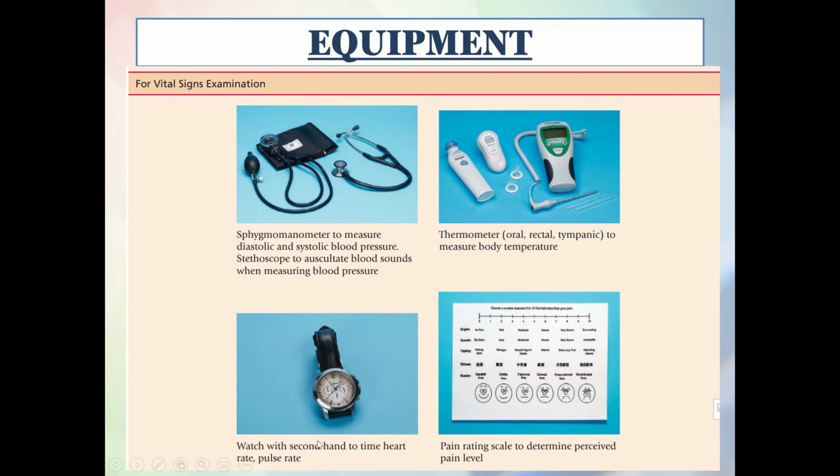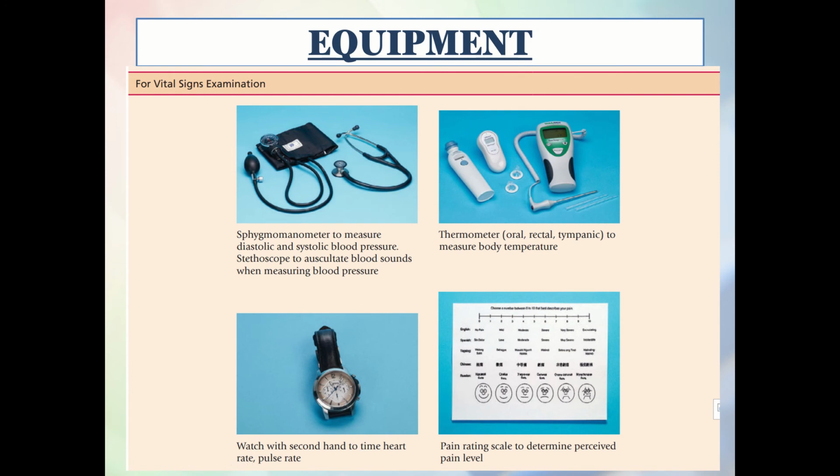Next, you have a watch with second hand. So, kailangan nito, kapag tayo nag-duty, watch na may second hand so that we can record the time of the heart rate and the pulse rate. So, ginagamit natin yung ating watch with second hand para ma-determine yung heart rate or pulse rate ni patient.